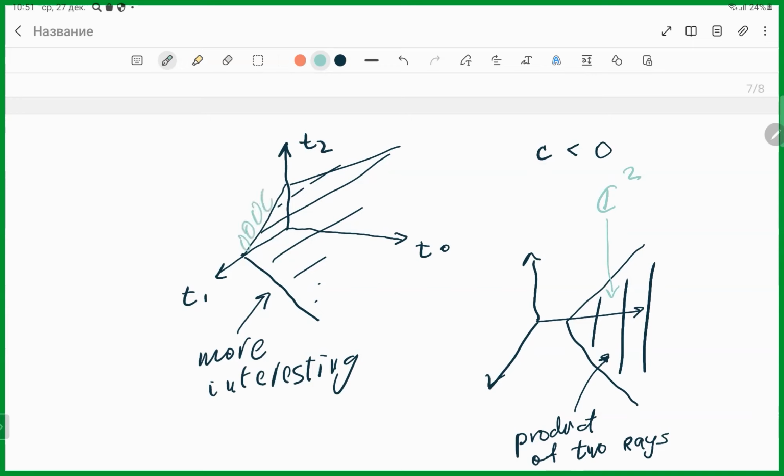I can draw circles here, and all this thing is called the blow up of C squared at the origin. So this was the geometrical picture, and it is a kind of classical picture. I'll go to the quantum story related to this picture next time.